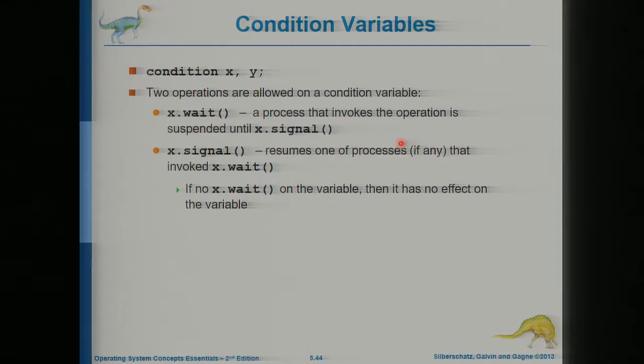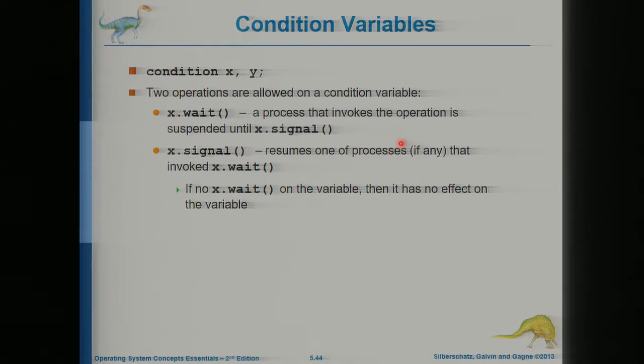Monitors can have conditions. Here you have two conditions, but it's not necessary to have two; you can have n conditions. These conditions have two operations, wait and signal. As we have seen in semaphores, it's the same wait and signal. A process that invokes the wait operation is suspended until x.signal is called. On x you have wait and signal, and on y also.